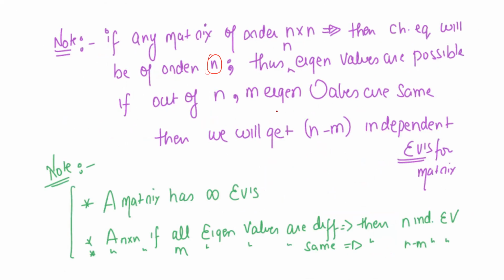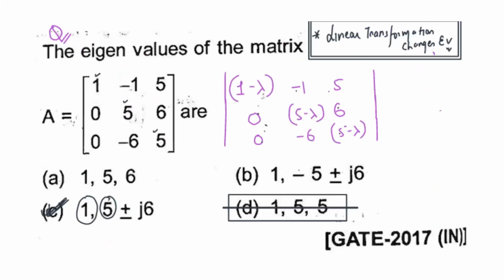If out of n, m eigenvalues are the same, then we will get n minus m independent eigenvectors of the matrix. For example, for a 3 cross 3 matrix, the order of the characteristic equation will be 3, so there will be 3 eigenvalues. If 2 eigenvalues come the same, then 3 minus 2 equals 1 independent eigenvector for the matrix.